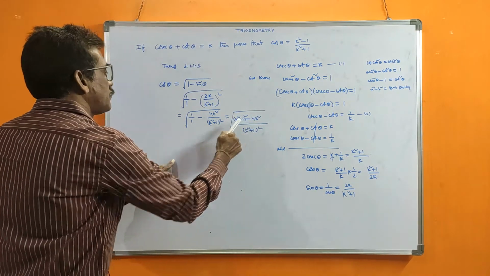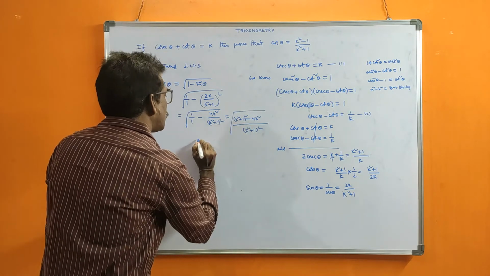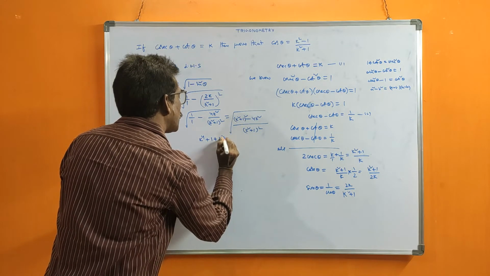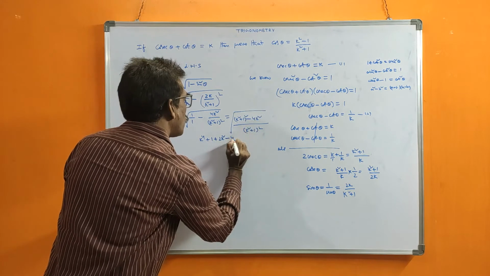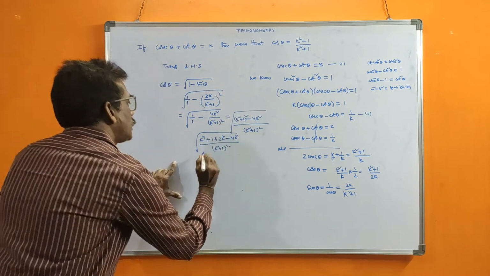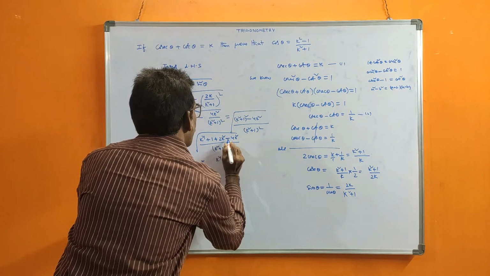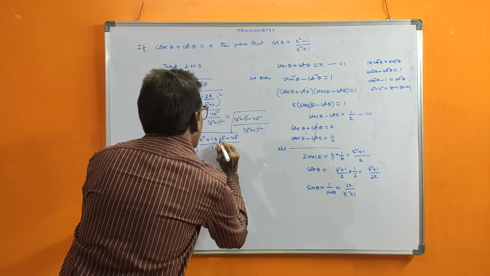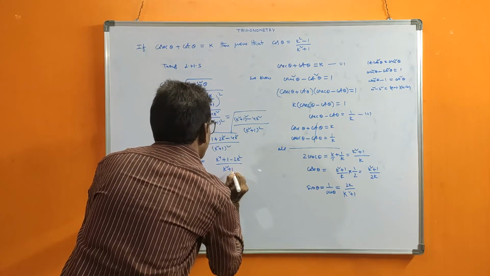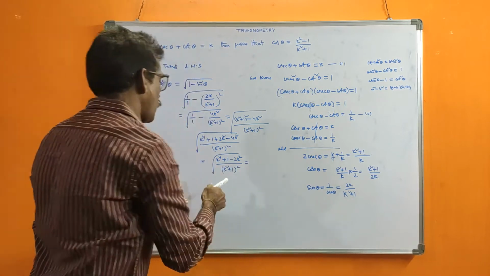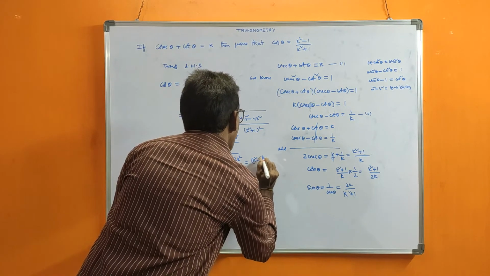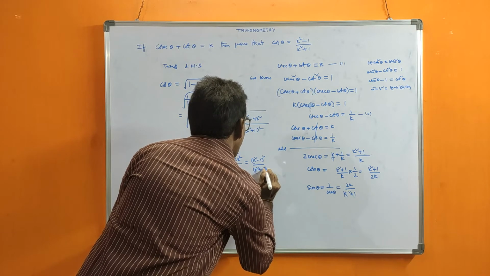Now expand the a plus b whole square: a square is k to the 4, plus b square is 1, plus 2ab is 2k square, minus 4k square, all by k square plus 1 whole square under root.